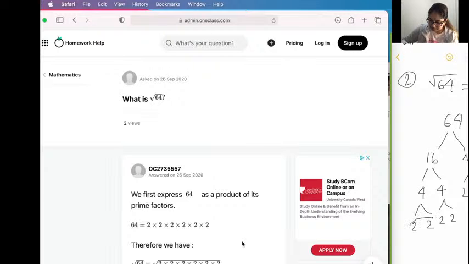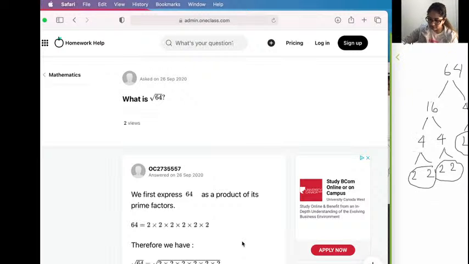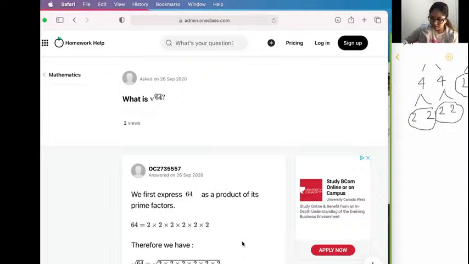So we have 3 groups of 2 here. What we're going to do is take all these groups of 2, multiply them and put them under a square root. So we have 2 times 2, times 2 times 2, times 2 times 2. We have 3 groups here, as you can see.